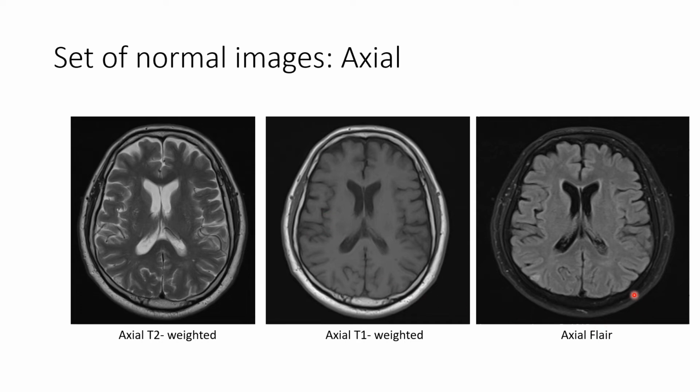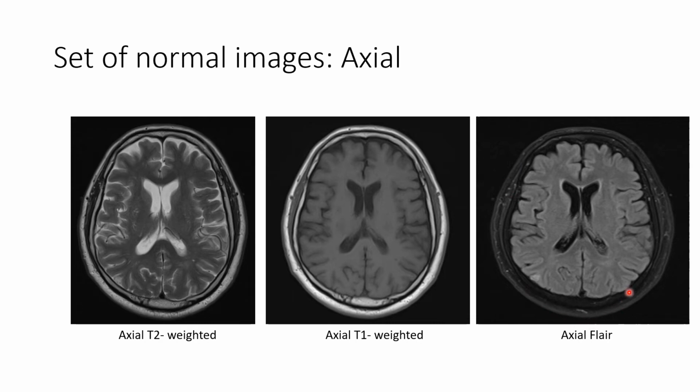For axial FLAIR appearance, the fluid is also dark. White matter is darker than the gray matter, and the gray matter appears gray. Bone appears dark.